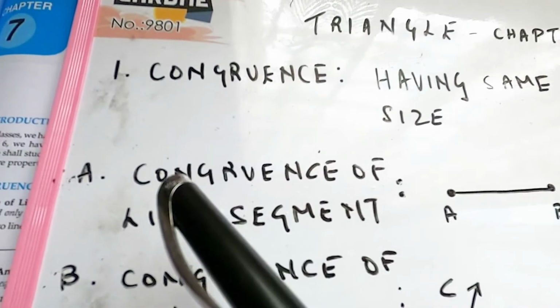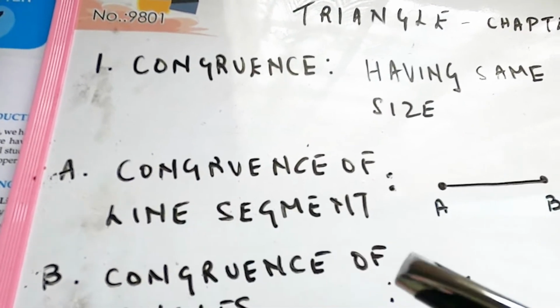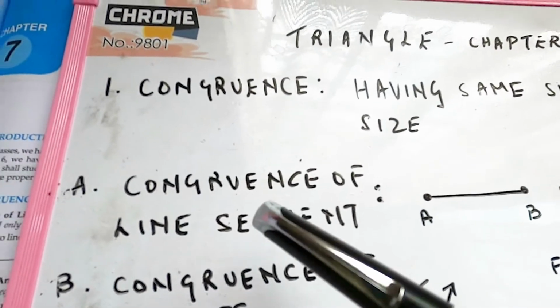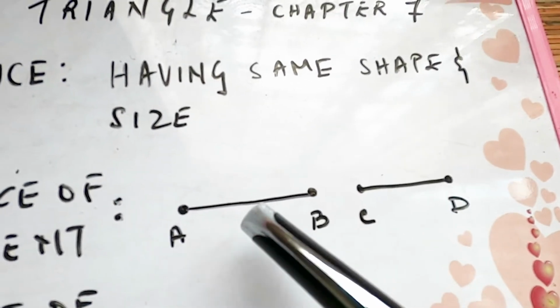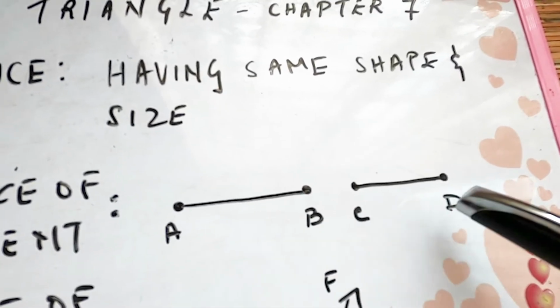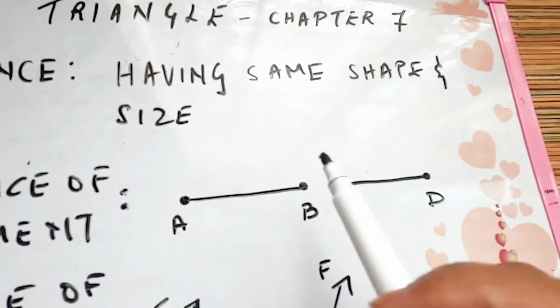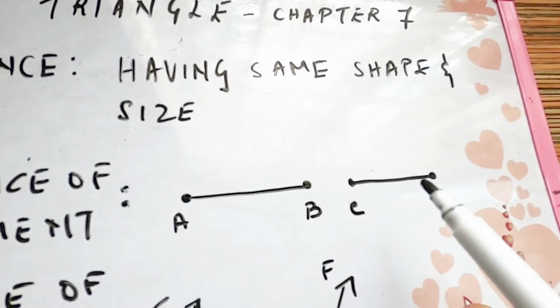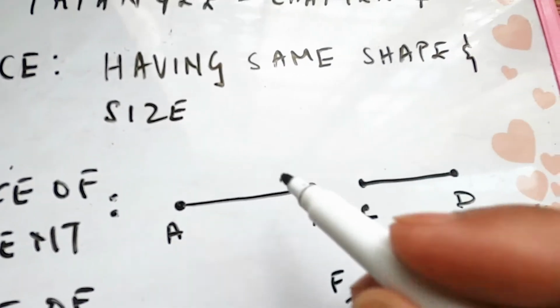The first one which we will be discussing is congruence of line segment. In this case we have line segment AB and line segment AC. We can say that these two line segments are congruent only if their measurements are equal.